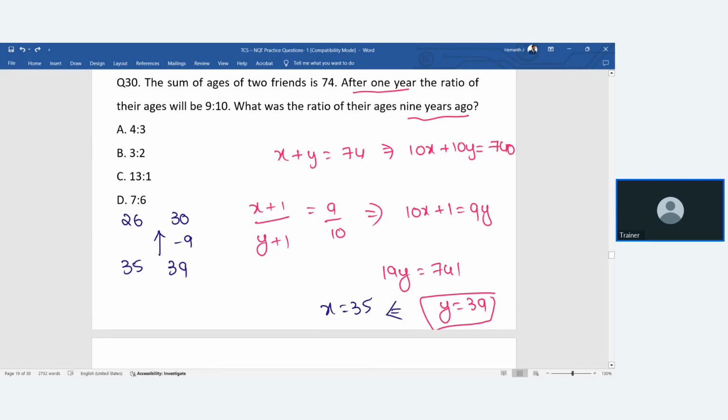Clearly, the first person's age is less than the second person's, so how can this be wrong? 9 years ago, it's 13 and 15. Ratio means we have to cancel common terms. First one less, second one more. So option C, 13 and 15.